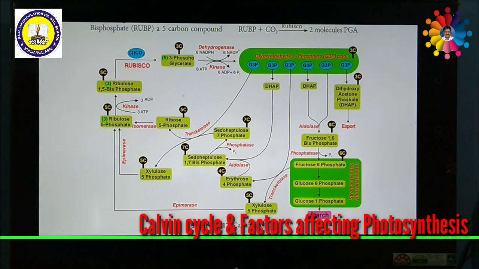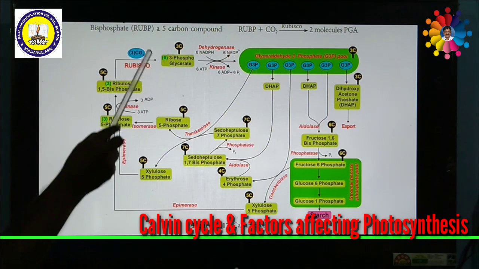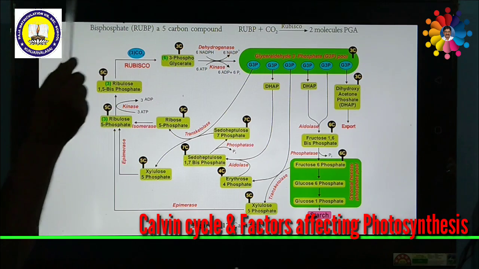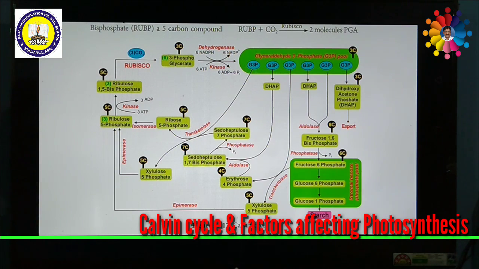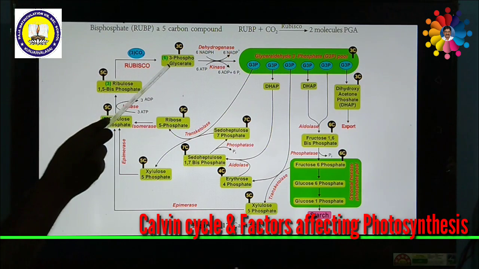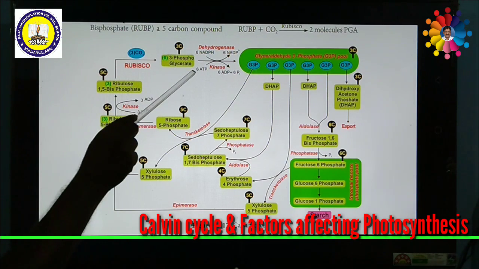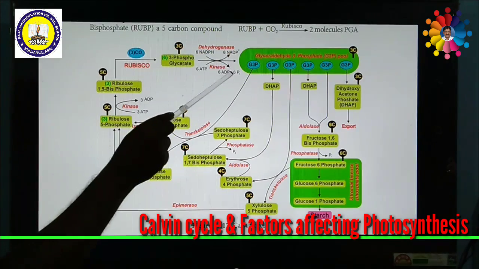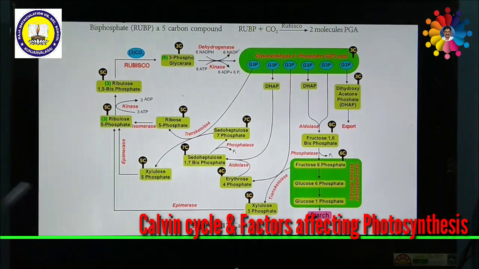The cycle is called the C3 cycle because phosphoglycerate or phosphoglyceric acid is a 3-carbon compound and this is the first stable product. That is why this is called the C3 cycle. Then this phosphoglyceric acid utilizes ATP, which is produced during the light reaction, to form 1,3-bisphosphoglyceric acid with the help of an enzyme called kinase.